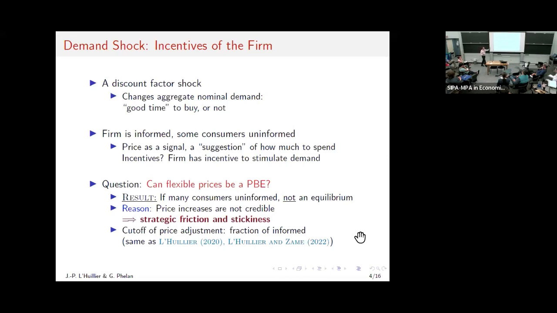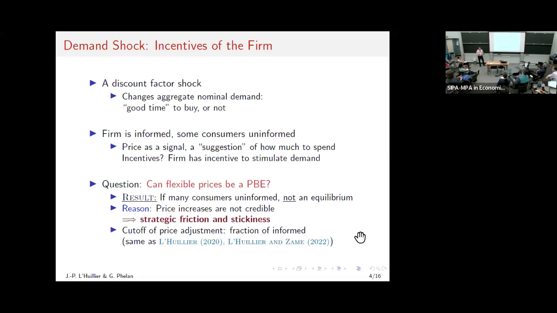Now, by assumption, the firm is informed about aggregate shocks, and some consumers are uninformed. And remember that the firm is posting a price. So the price is potentially going to work as a signal of what the firm knows. In other words, the price is going to be a suggestion of how much to spend.